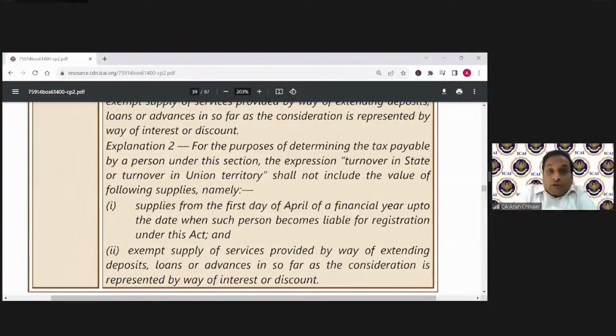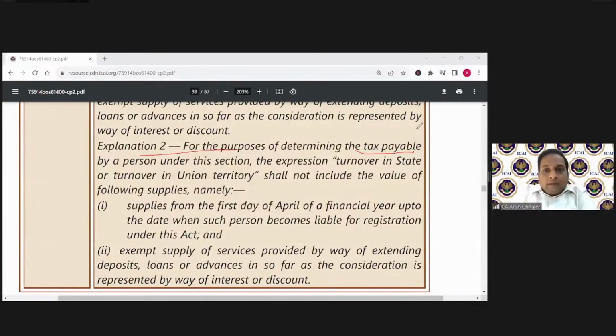Explanation 2: for the purpose of determining the tax liability, the turnover in the state or UT shall not include... It means whether you are a manufacturer, a trader, a restaurant, or that particular 10-2A scheme, in all cases, whenever you are calculating the tax liability, you will not include the exempt supply by way of interest or discount.